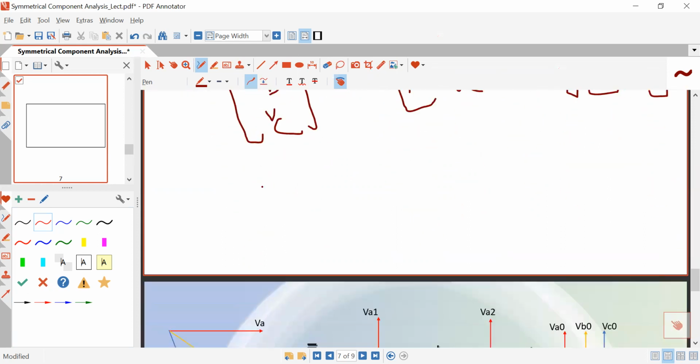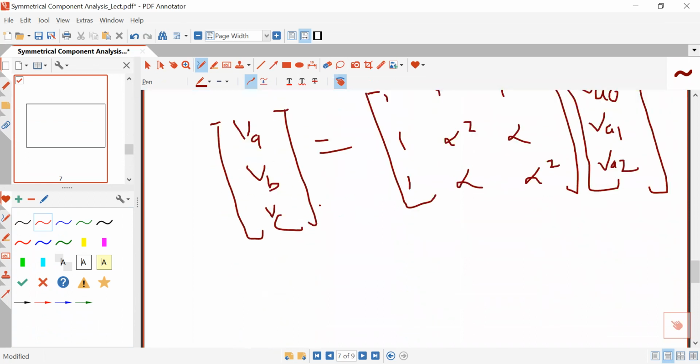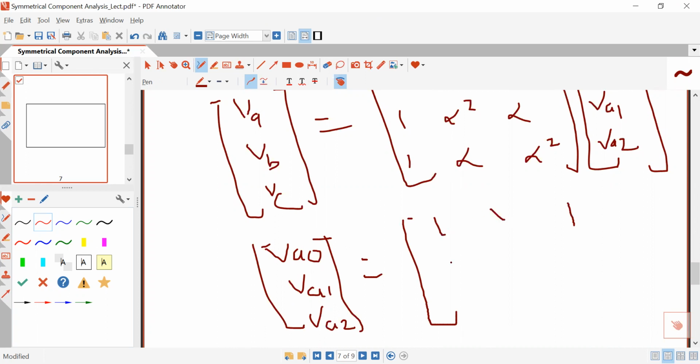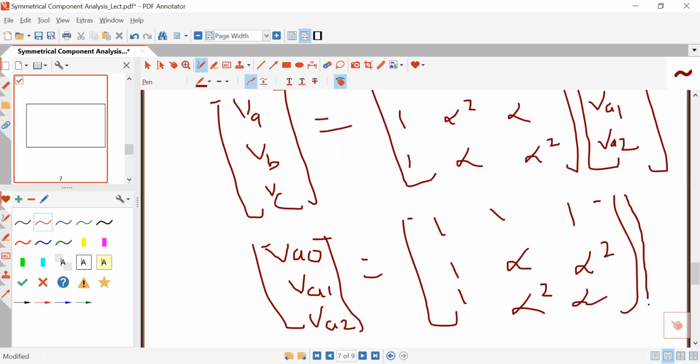And if you want to calculate the symmetrical components and the unbalanced phasors are known, then how will you calculate? This will again be 1, 1, 1; 1, alpha, alpha square; 1, alpha square, alpha. So it is very easy to remember. Now the unbalanced phasors will be given.